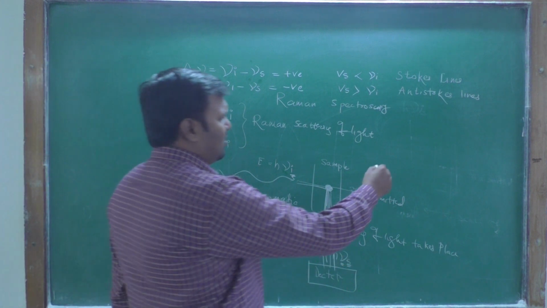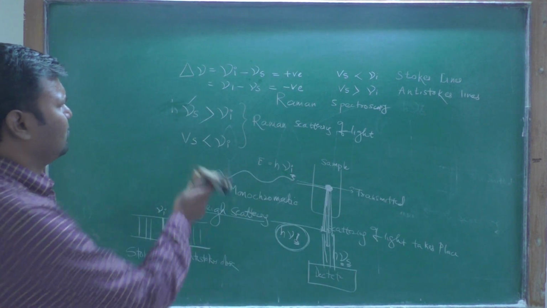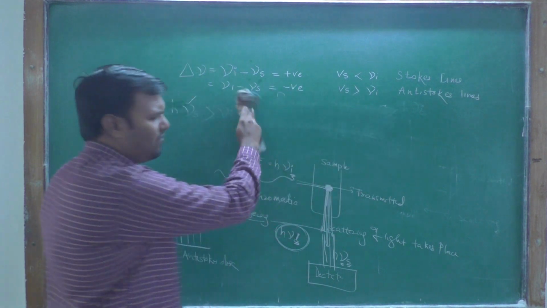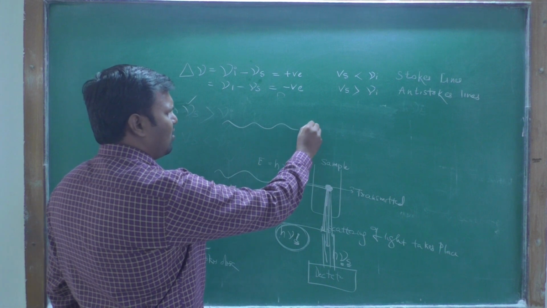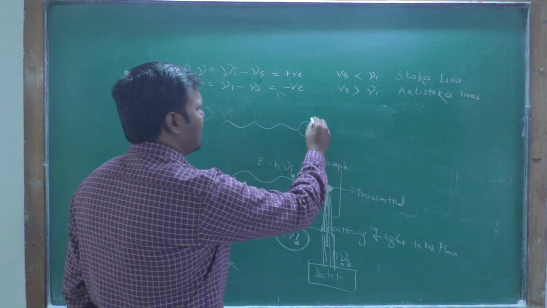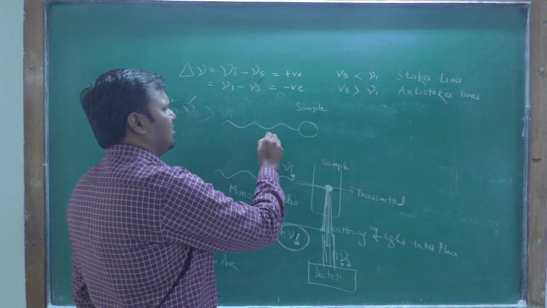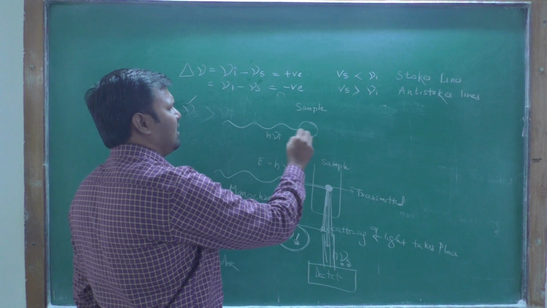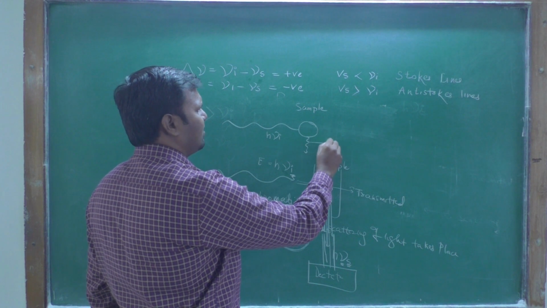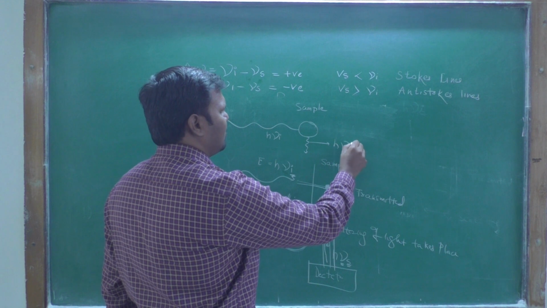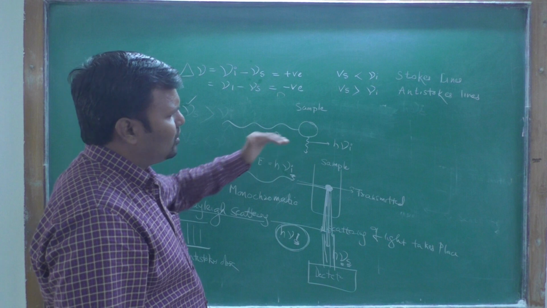When light strikes a sample, say the incident light has energy h mu I, and it is scattered with frequency mu I, it means there is no exchange of energy.